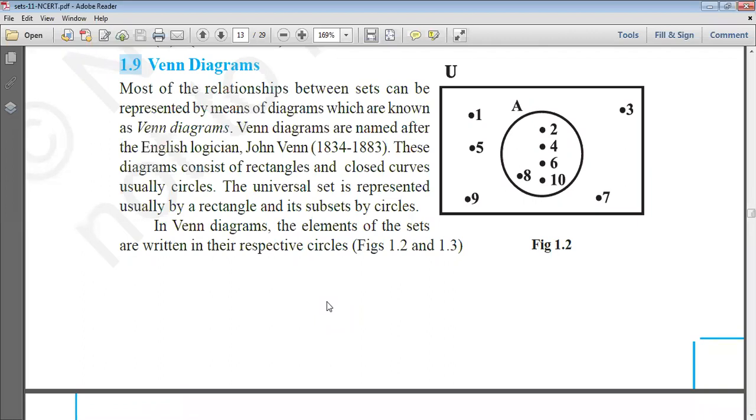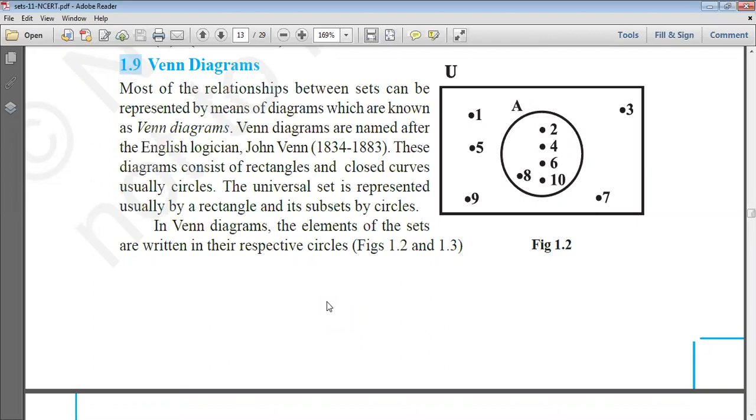From the diagrams, he picked up only two types. One is circle, another is rectangle. So a rectangle is basically used as the universal set, under which we consider some sets, and their operations, elements, and behavior of their intersection, union, difference, all these things among certain sets to interpret.